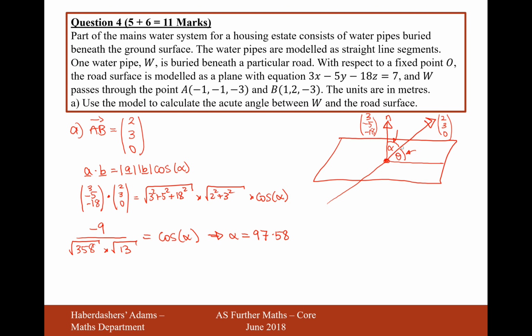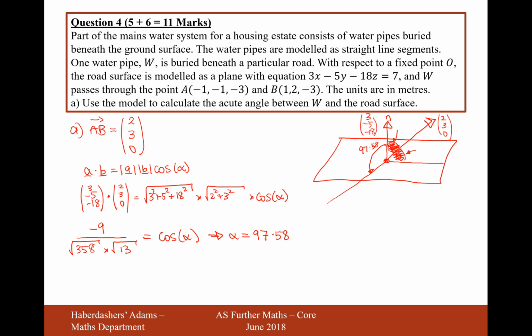97.58. Okay, so our diagram's not particularly accurate here because I've got my diagram being an acute angle here. So it's not going to be this side of the line here. What I've actually calculated as 97.58 is going to be this angle round from here to here.